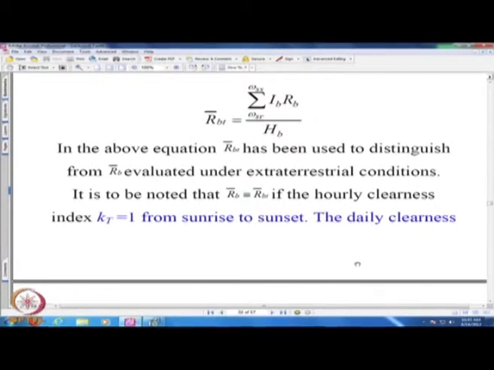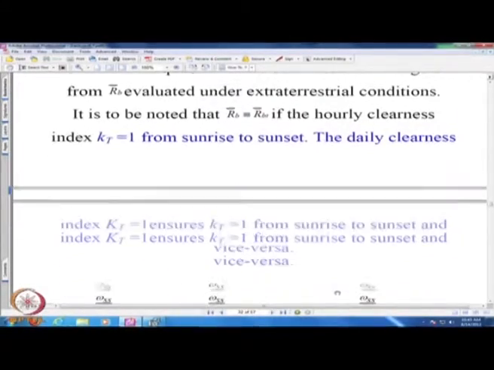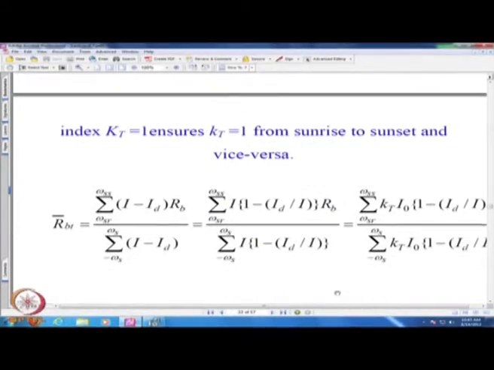You have R B bar t identically equal to R B bar. So, now I am trying to prove sort of why the terrestrial calculation is so close to the extraterrestrial, or why the extraterrestrial approximation is reasonably good.